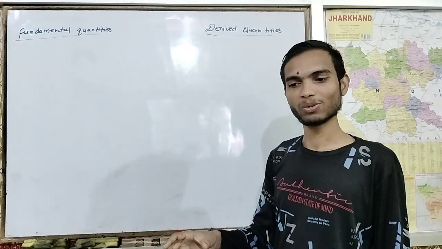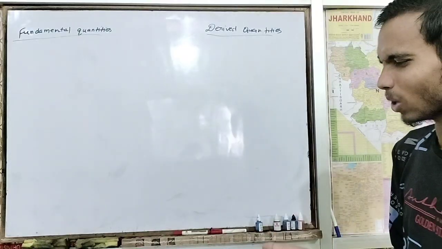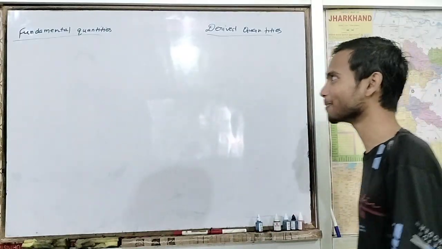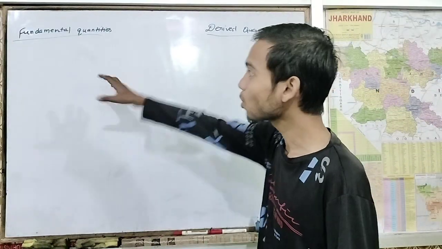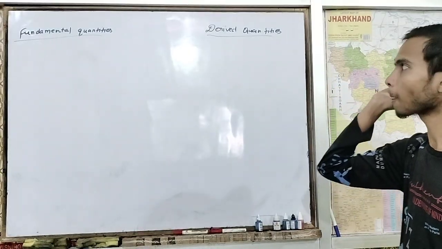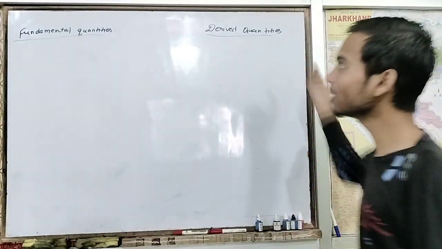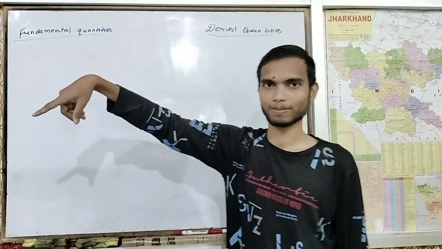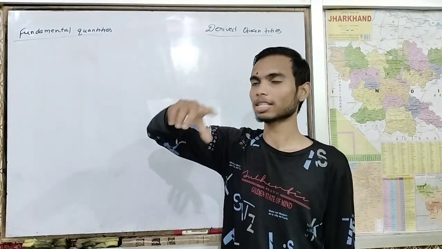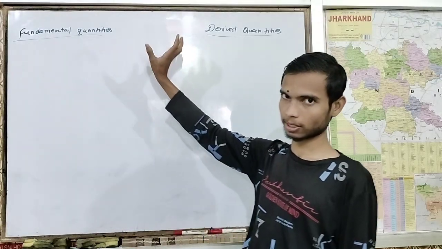All these seven quantities will be independent. What is the meaning of independent? They will not depend on another quantity. But all these derived quantities will depend on fundamental quantities. Clear? I am saying that fundamental quantities will not depend on another quantity.